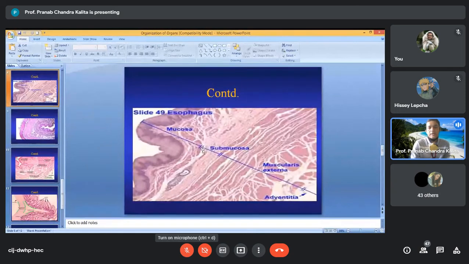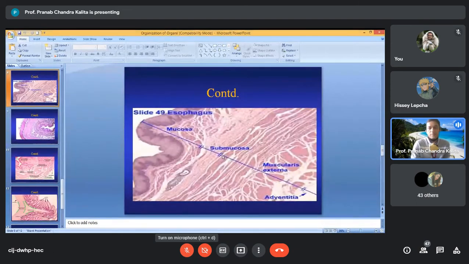The second tunic is the tunica submucosa. In the tunica submucosa, mostly you will find loose connective tissue and the submucosal glands. And here you can see the Meissner's plexus, the submucosal ganglionic nerve plexus.